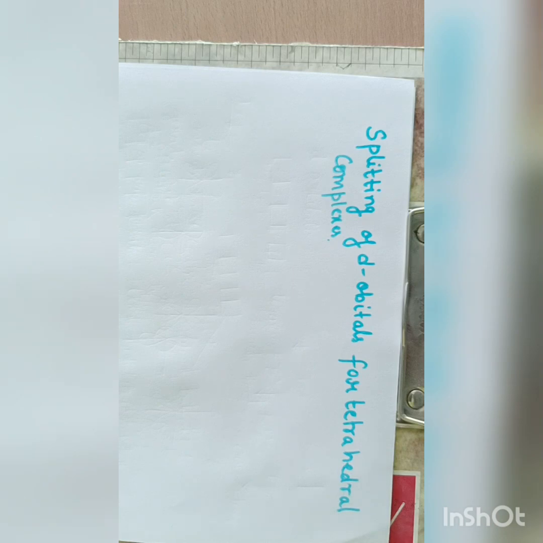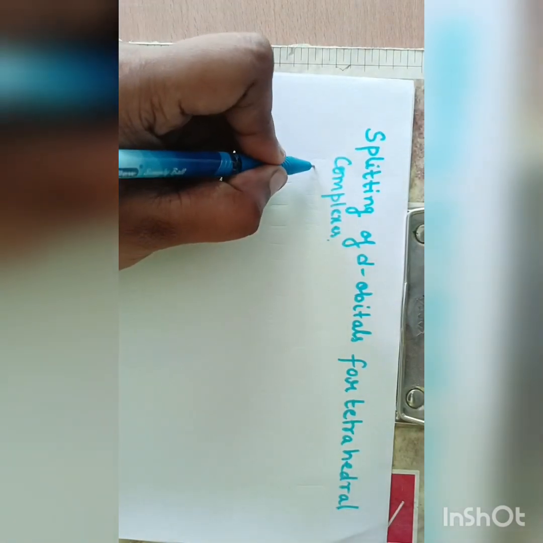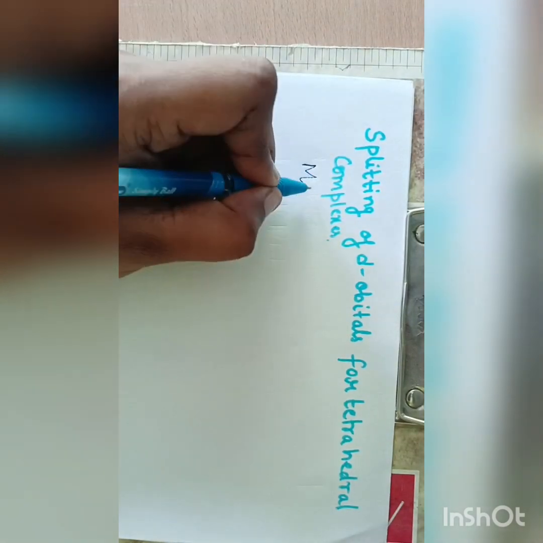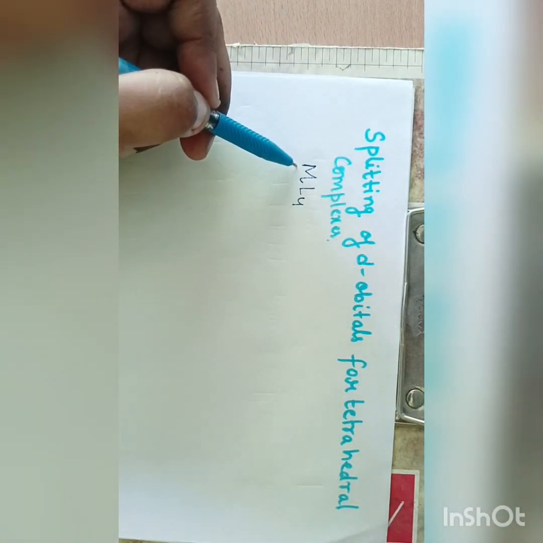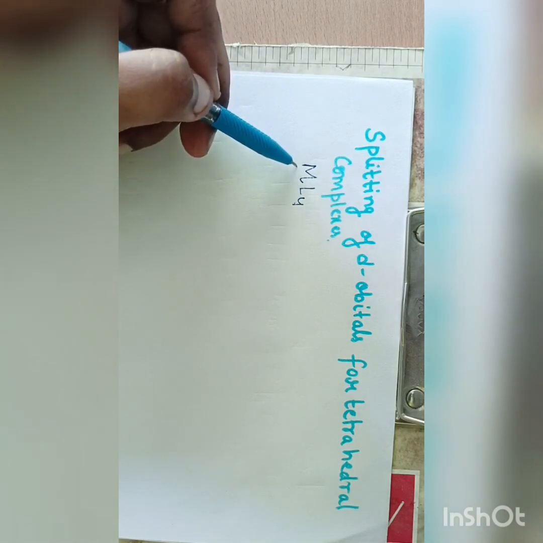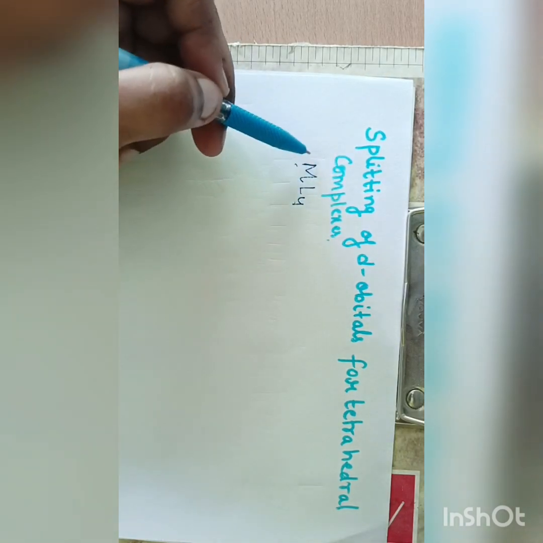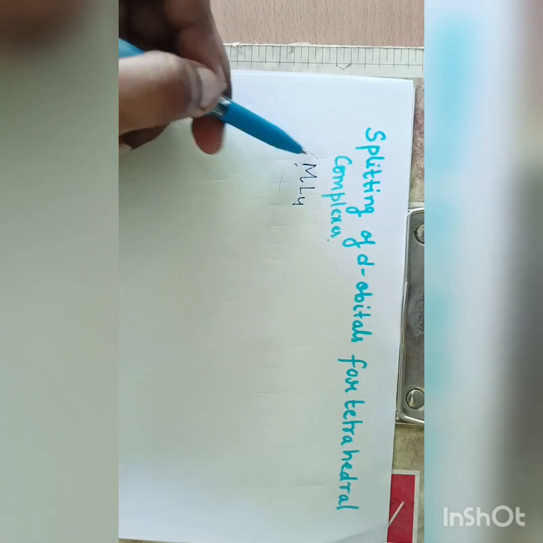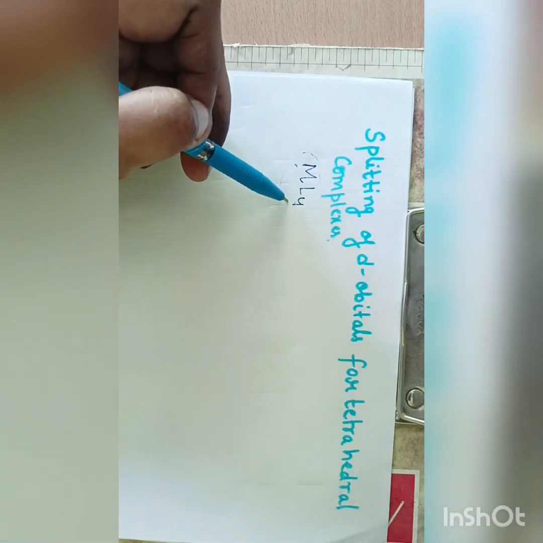So what are tetrahedral complexes? When the 4 ligands approach the d block elements. So this could also be represented as ML4. So M here is the central metal, and these 4 ligands approach the metal. So now we will study about this tetrahedral splitting energy.